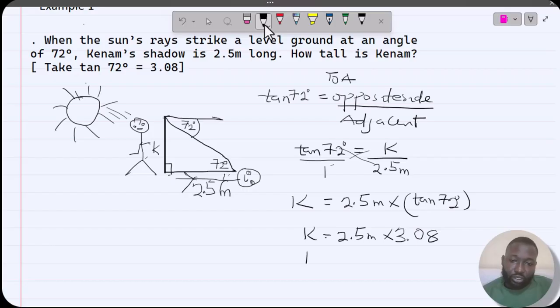Now we'll have our k here. When we multiply these two values, you can multiply them by taking off the decimal points, just multiply them and then bring them back. So if you take off the decimal points, you multiply 308 by 25.